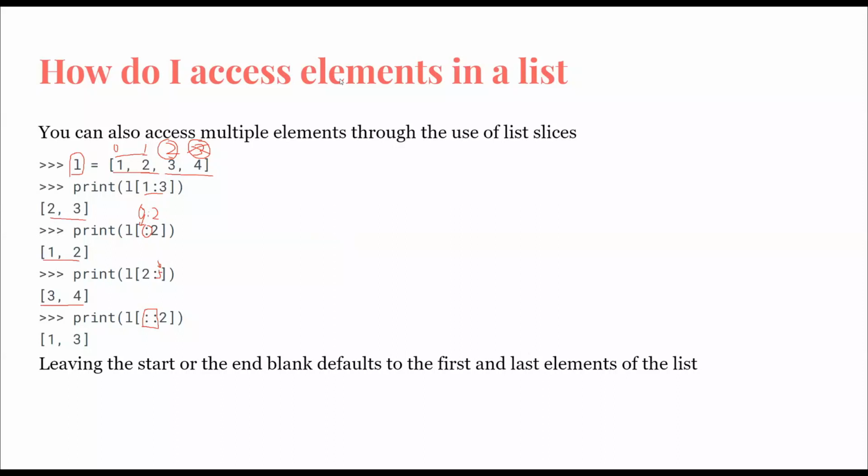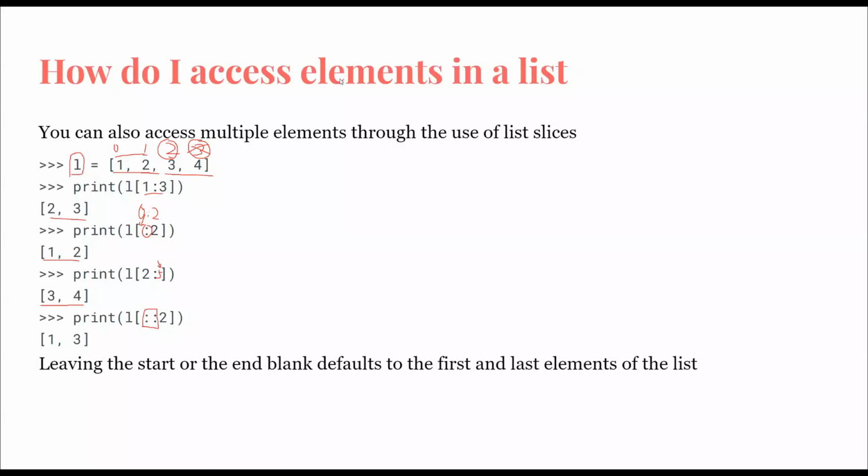Let me just make sure it's correct. So yeah, it's used to specify how the slicing operation can work. Yeah, so again, double colon means every second or every however many things.